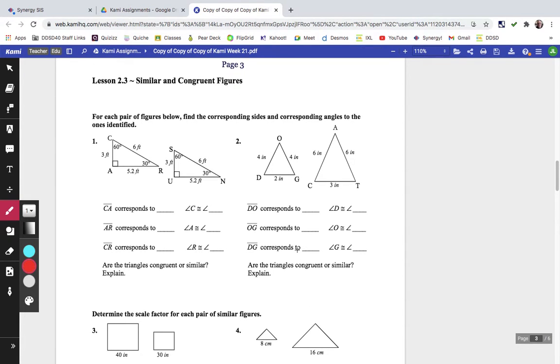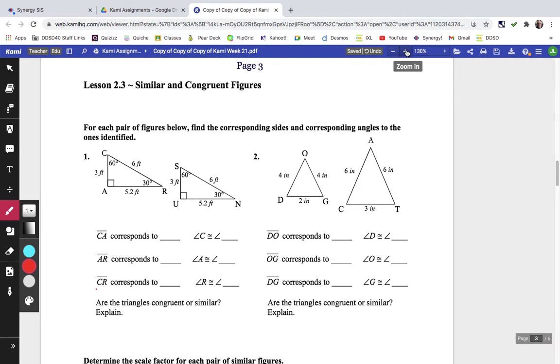This is part that we didn't do in class, so I will fill in these answers in case you're working on this. Let me zoom in just a little bit.